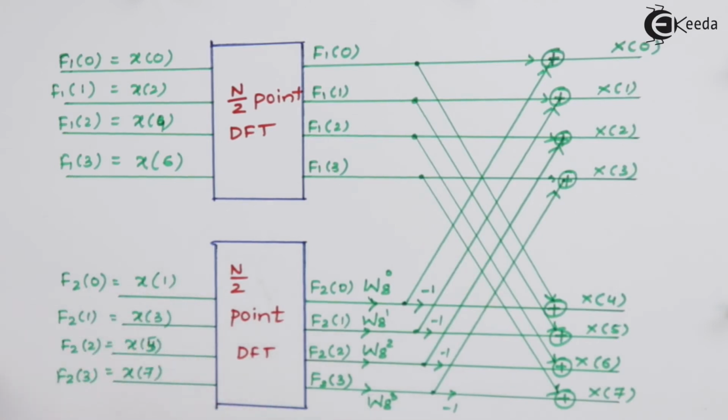Similarly, we have calculated the odd sample values also. So this is the first half part of the 8 points.